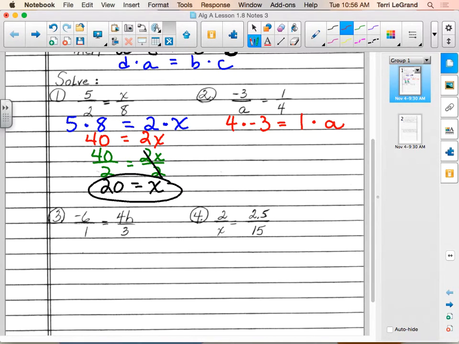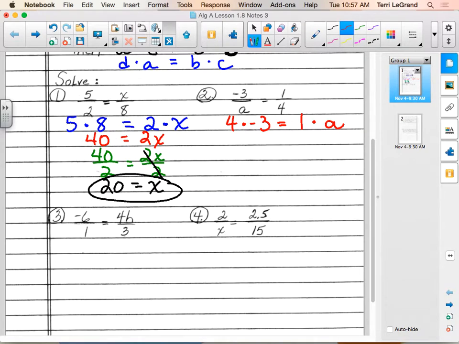Give me an incorrect way. Anybody come up with an incorrect way that'd be like, that's not going to get you to where you want to go? Cody, what do you think is an incorrect way? Negative 3 times a equals 1 over 1 times 4. Yeah, negative 3 times a, a numerator times its own denominator equals the other numerator times its own denominator. That's not cross products. Noah? A times 4 equals negative 3 times 1.